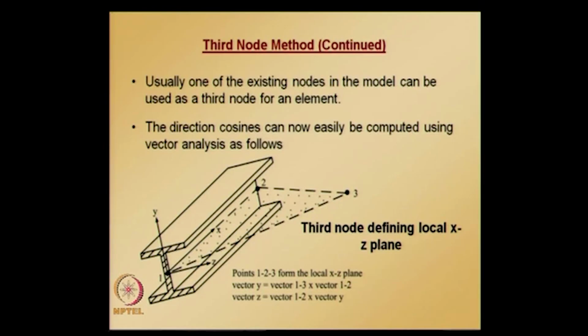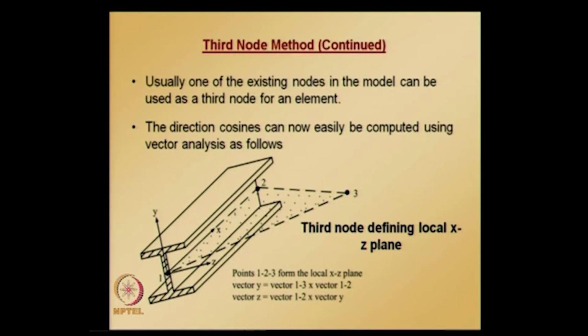In this case it may be the xy plane in some other case. And this third node, you can choose, because here only one space frame element is shown for illustration purposes, but in general if you take any structure you will have many frame elements. So this third node you can take from some other node of some other member. This will be clearer to you when we look at a problem.